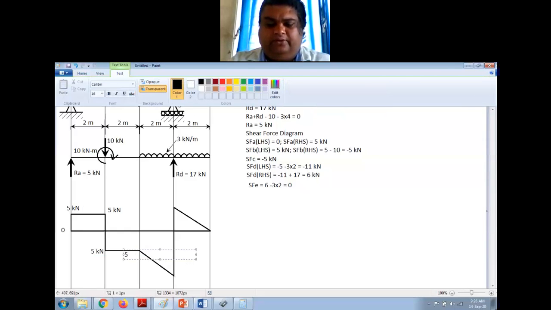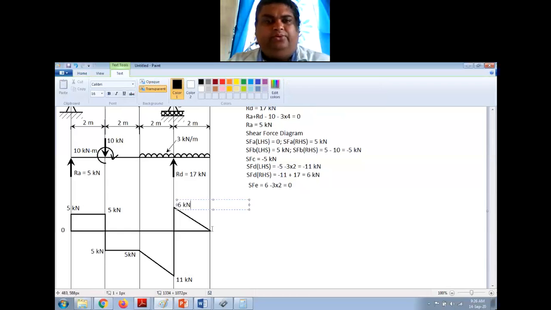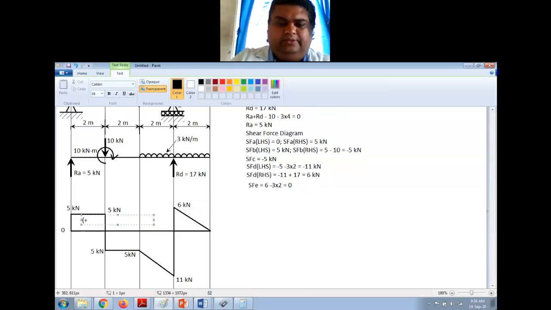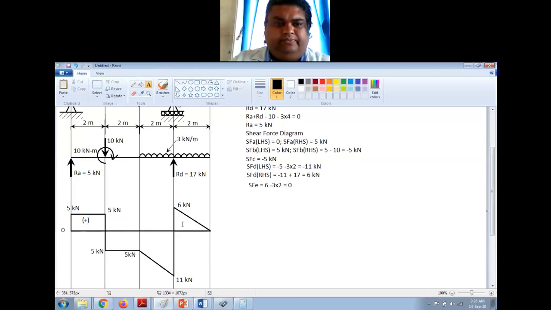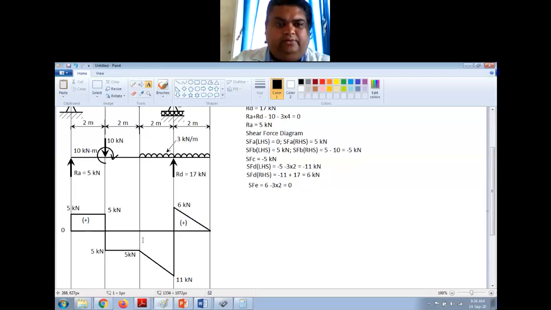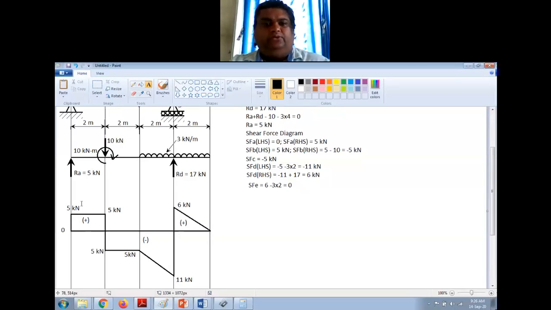So this is also 5 kilonewton. This is 11 kilonewton. This is 6 kilonewton. Okay, and this is positive. This is also positive. This is negative. Okay, so this is the shear force diagram.